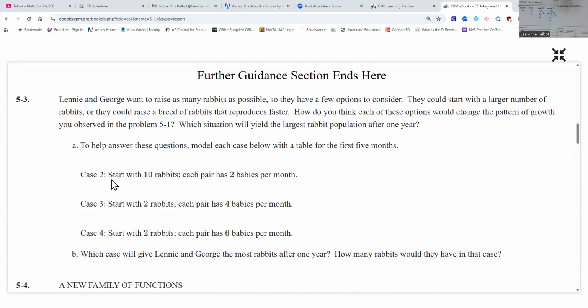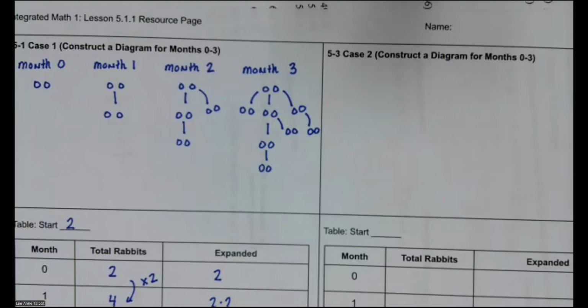Okay, case 2. Start with 10 rabbits. Each pair has 2 babies per month.